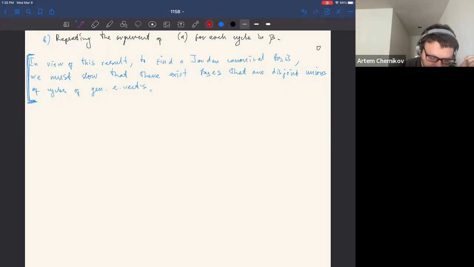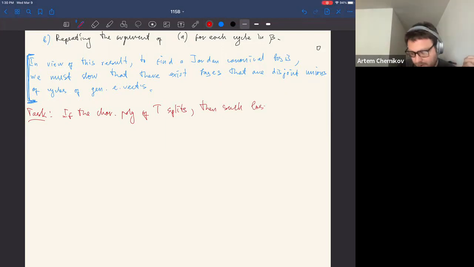Okay, so the next task is to show that if the characteristic polynomial of T splits, then such a basis, as described here, exists. So that's our task.